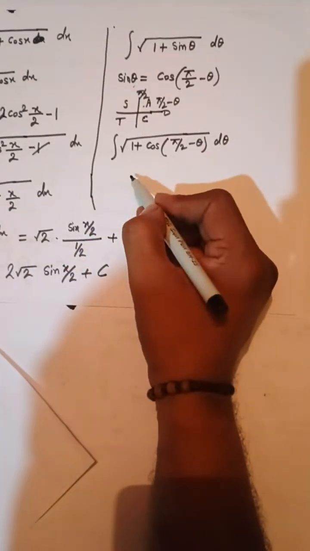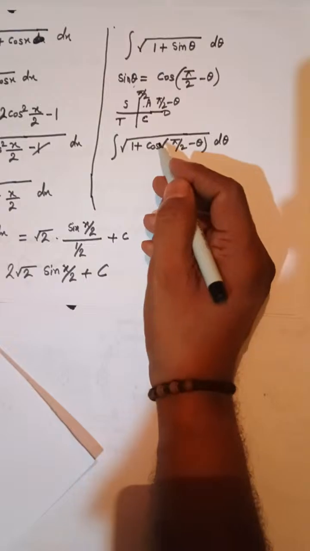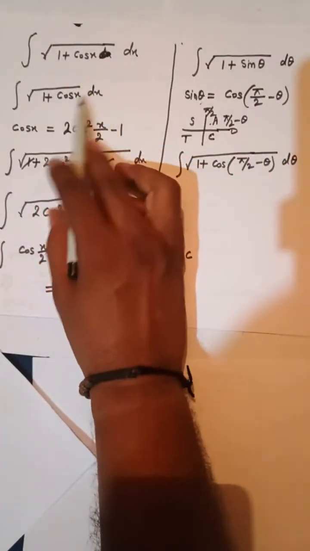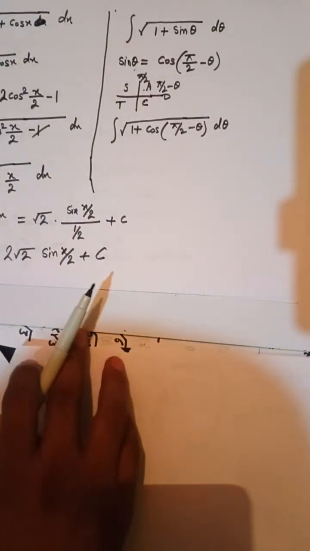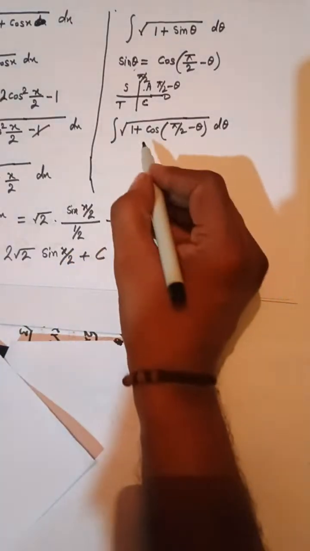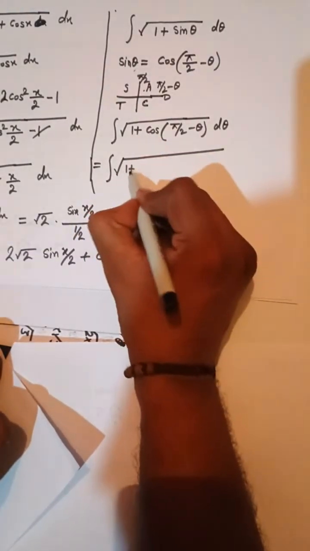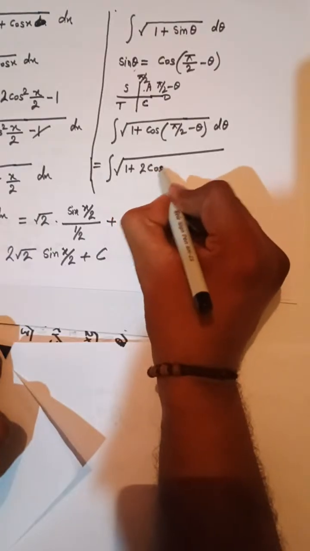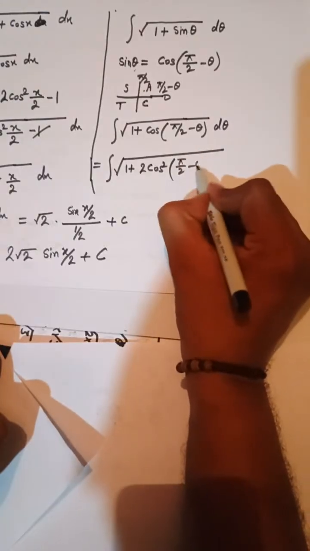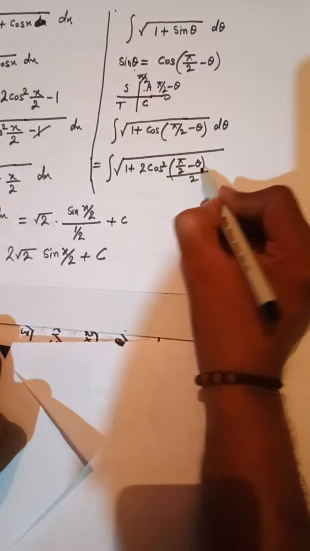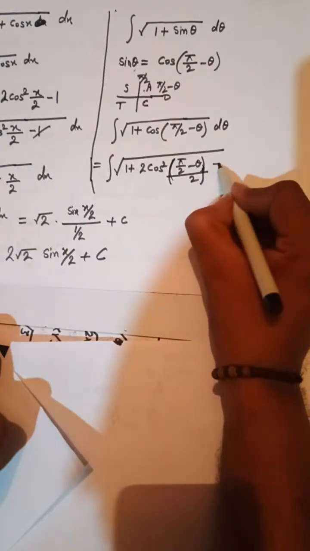Everything is the same as what we have done before, instead of x we have pi by 2 minus theta now. So we can have this as integration of root under 1 plus 2 cos square of (pi by 2 minus theta) divided by 2, minus 1.